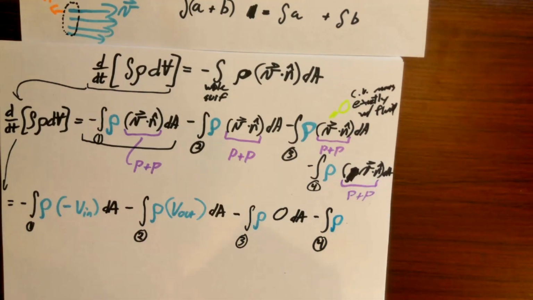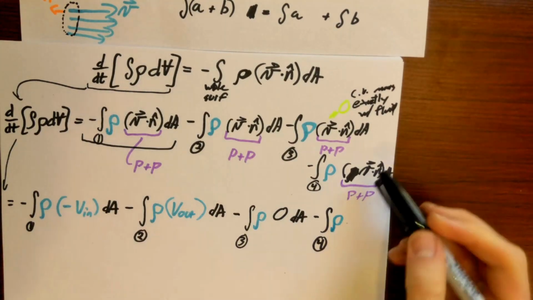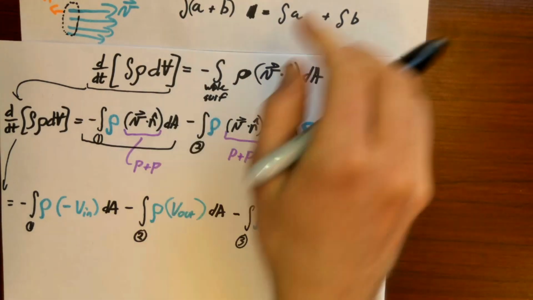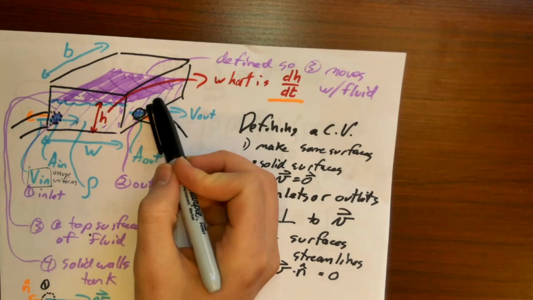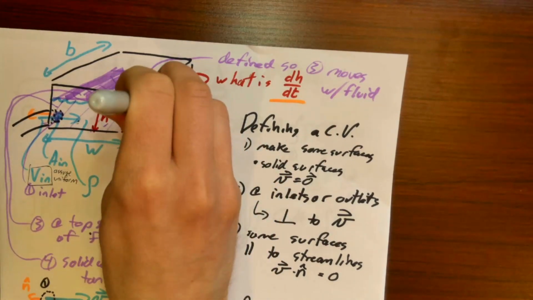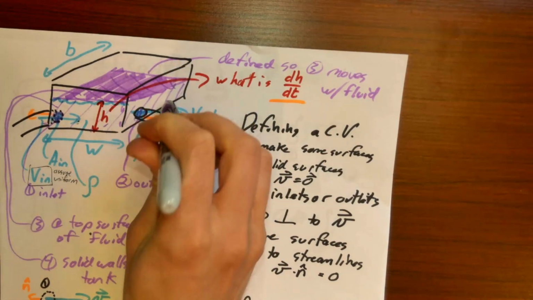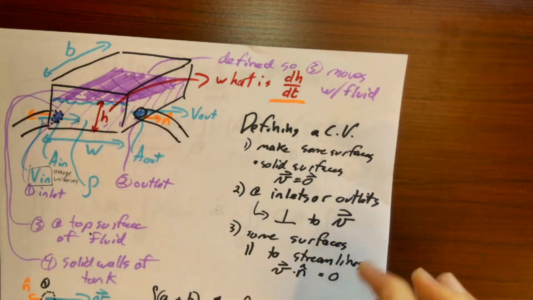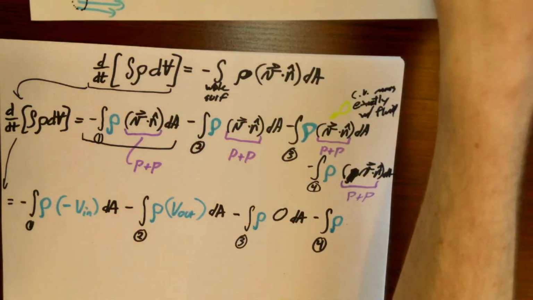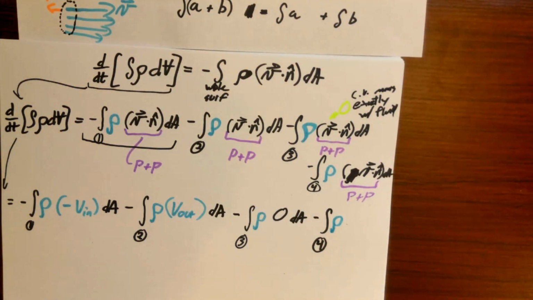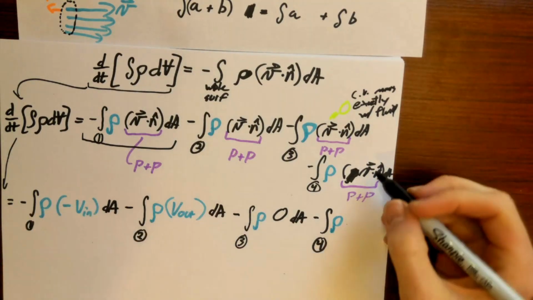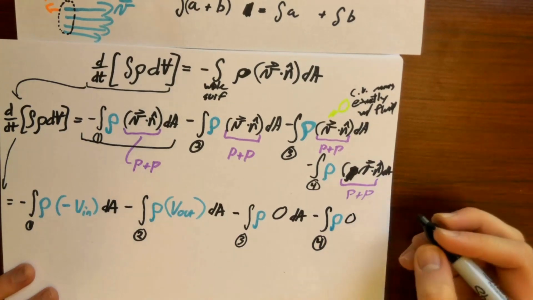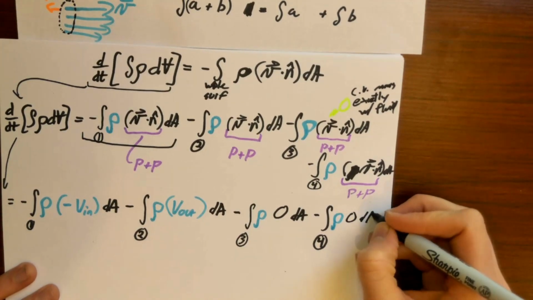Well, along solid walls, unless these walls are porous or something like that, or there's fluid leaking out through the wall, fluid's not going to be jumping through a solid wall. Fluid can't just penetrate through a solid wall. So if we have a solid wall, the fluid is basically going to have 0 velocity at a solid wall. So in this case, velocity is 0 dA.